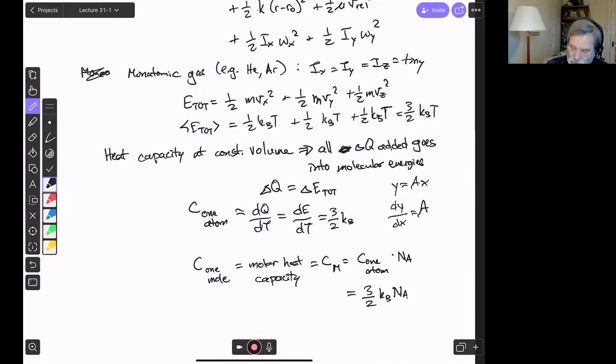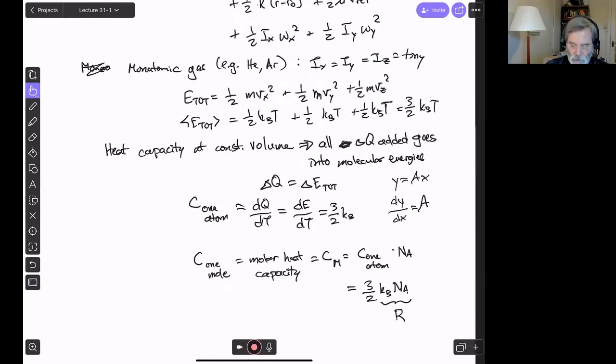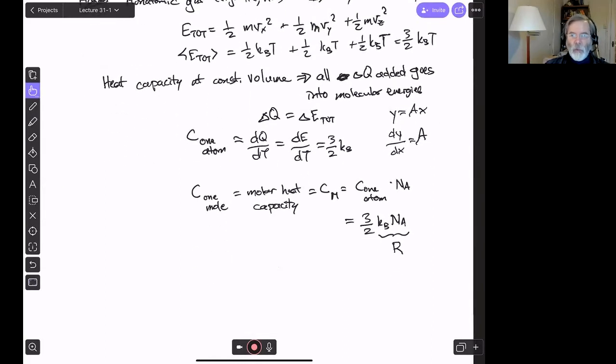And last time we showed that kB times Avogadro's number is just the universal gas constant. So this is a remarkable prediction: no matter what gas you're talking about, if it's a monatomic gas, its heat capacity is 3/2 R, period. And if you measure this experimentally, the prediction is borne out exactly. So the equipartition theorem really works.